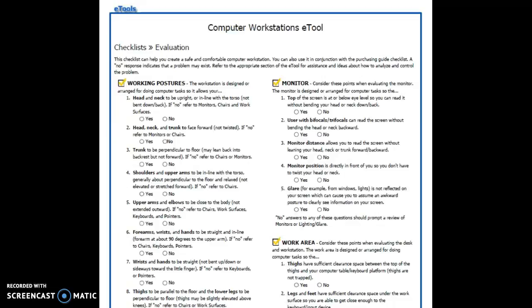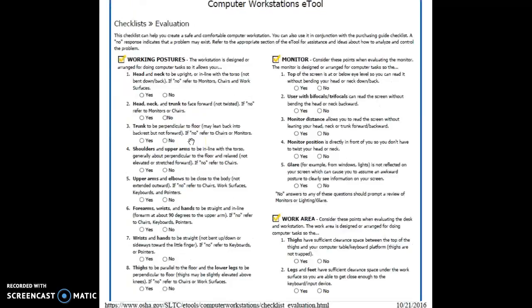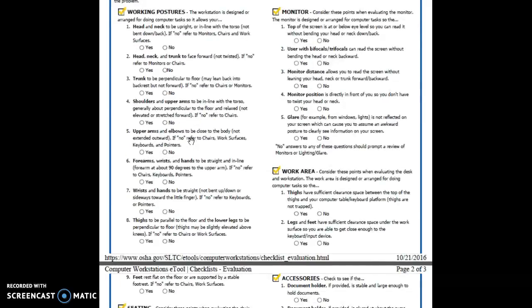I use 2 screens for my other job, and I've got a lot going on, and I have to go back and forth between them. So just looking at our own posture is really key to making sure that we have everything set up. That's the first part of this tool.